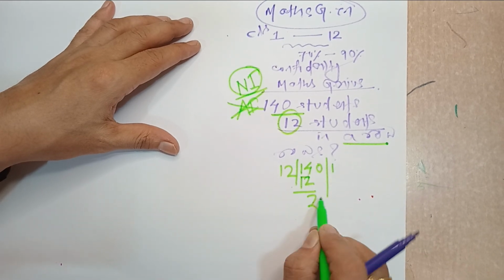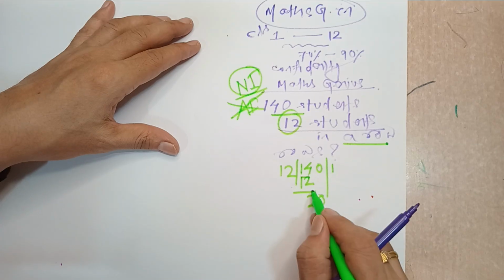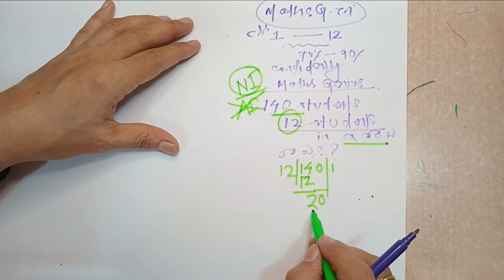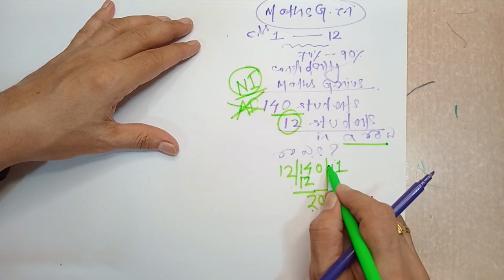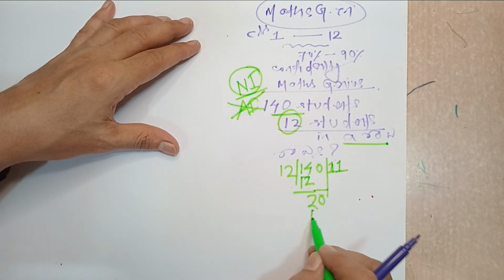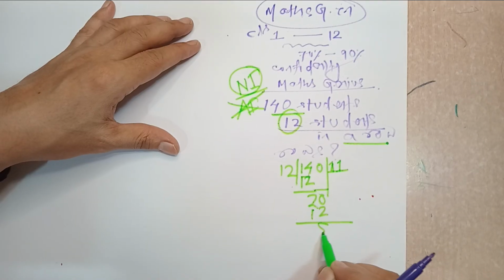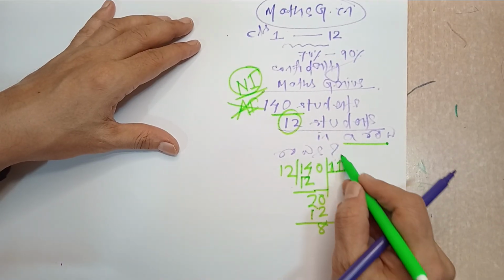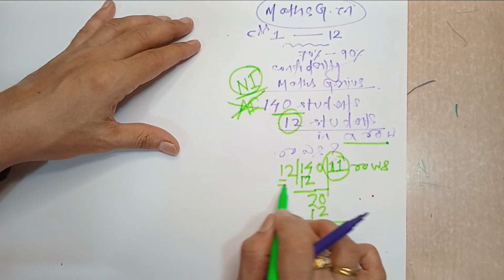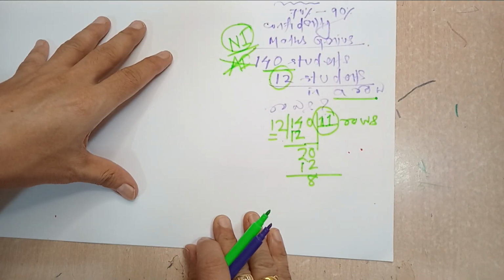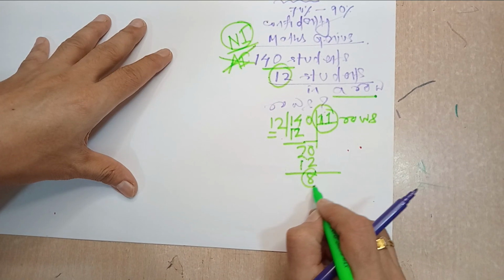So 2 down, 0 down. So now this is 20. So again it is not doubling up. So again 12 ones are 12. 8 is left out. So that means there will be 11 rows which will get completed with 12 students in each. But there 8 students will be left out.